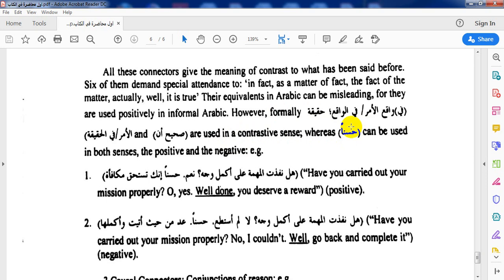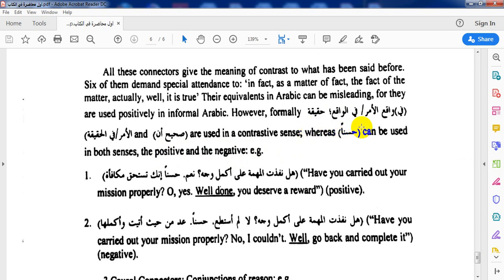And we have an exception here with hasanan, which is used in both senses. Sometimes it is used positively, and at other times it is used negatively. This is according to the context of the sentence. You have to be careful, dear students, in using hasanan.